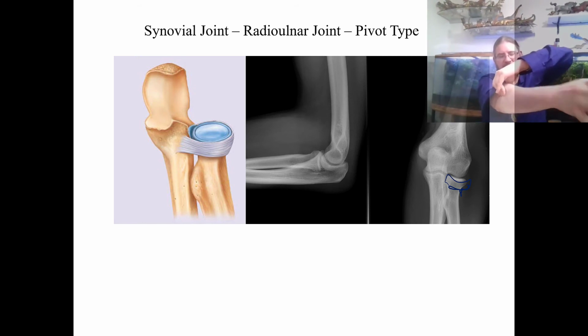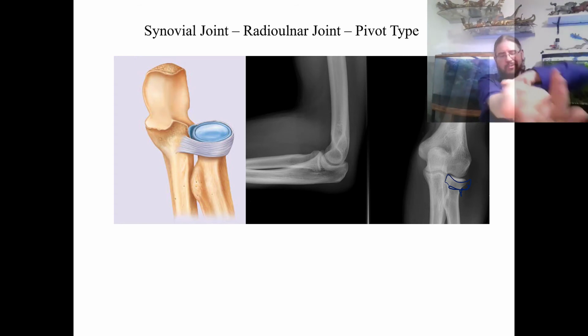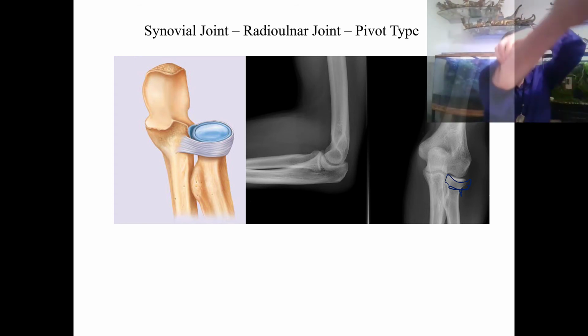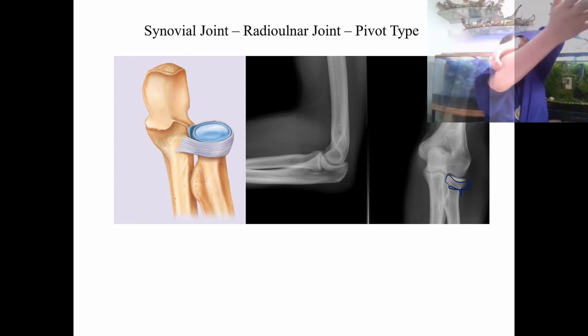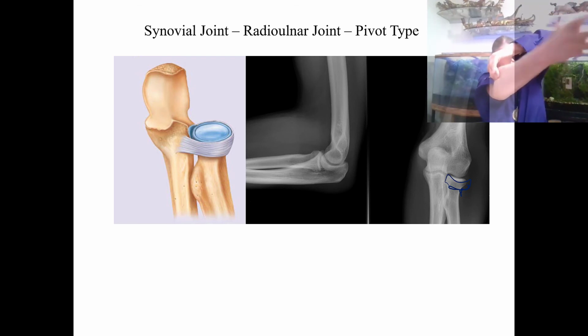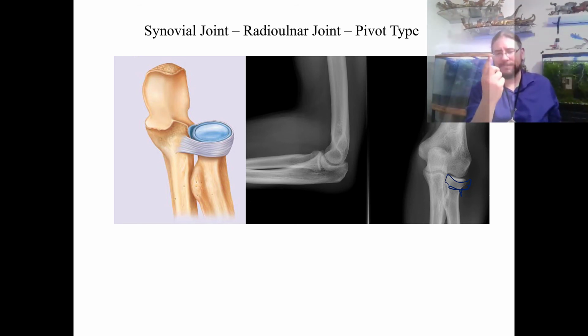It does not actually rotate around the ulna at all. So find that radius, give her a good painful squeeze, and then pronate, and you can notice that that bone ain't going anywhere. It's just pivoting in place.